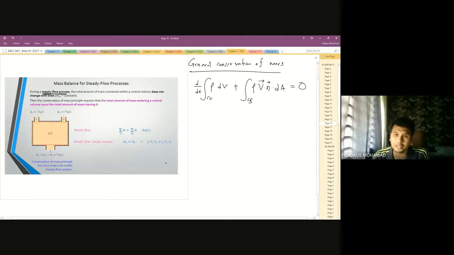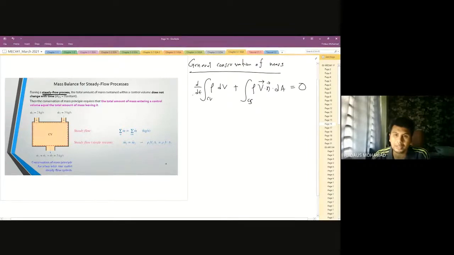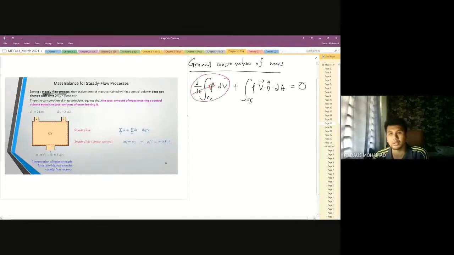If you look at the first term, it is per dt, so it does not exist for our steady flow process. So based on general conservation of mass, for steady flow process, the first term is not considered because we are not considering the variation of the variables with time. So what remains? Only the second term.